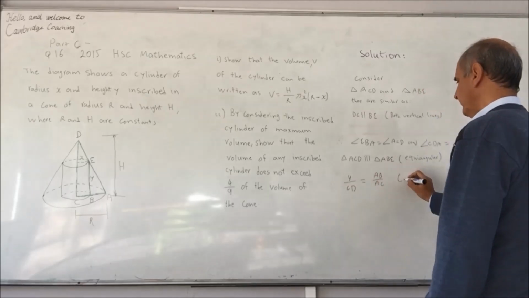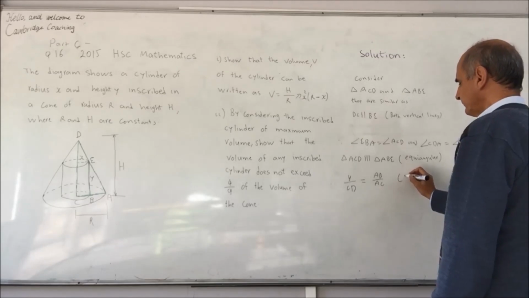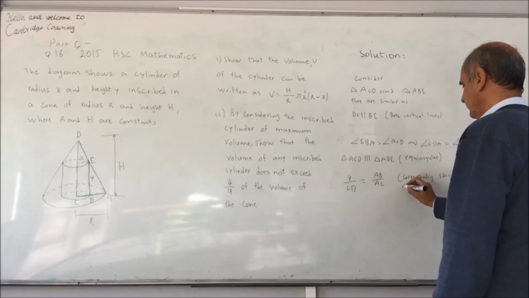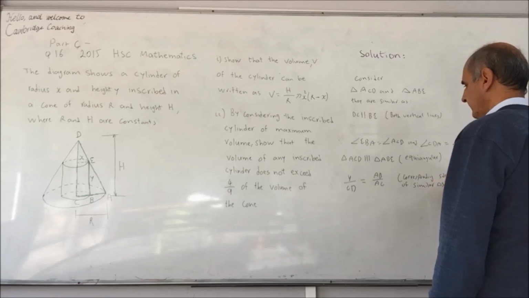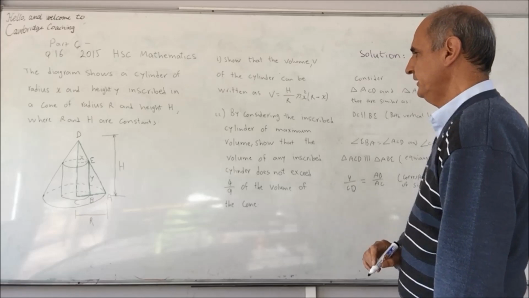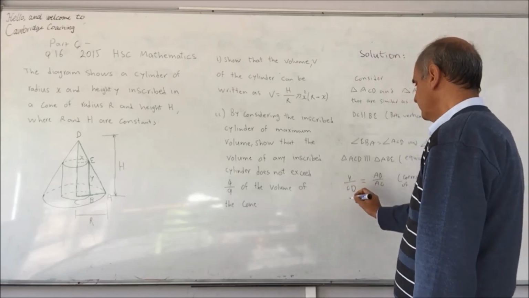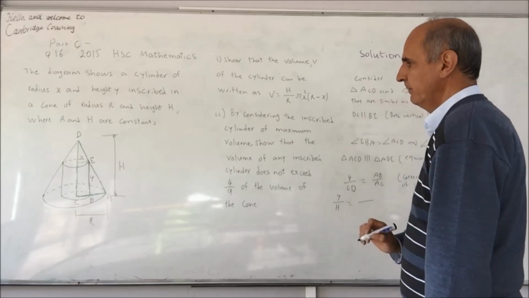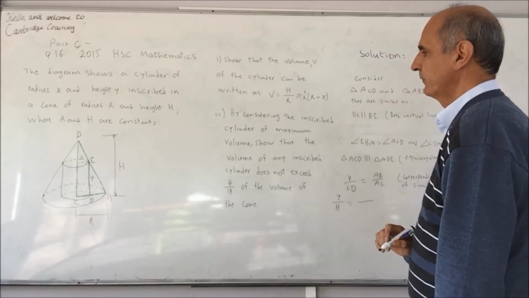And the reason is corresponding sides of similar triangles. Alright, CD is h, so we got y over h is equal to AB.